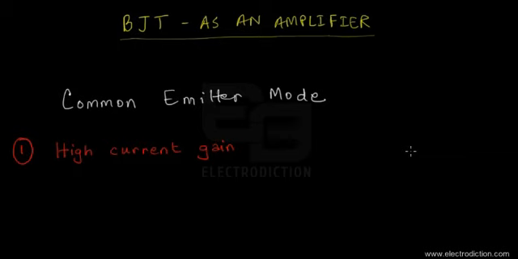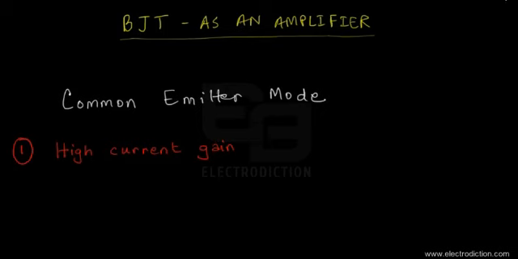That little amount of current would be converted into quite a larger amount of current at the output whenever you get your output signal out of the BJT while operating it in the common emitter mode. So the CE mode providing us with high current gain is the very first of the reasons.